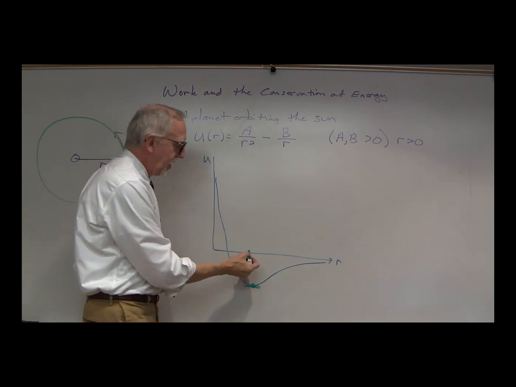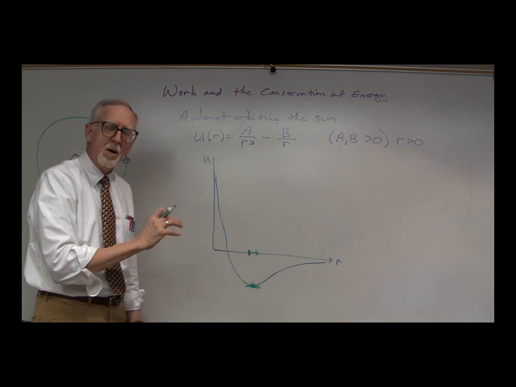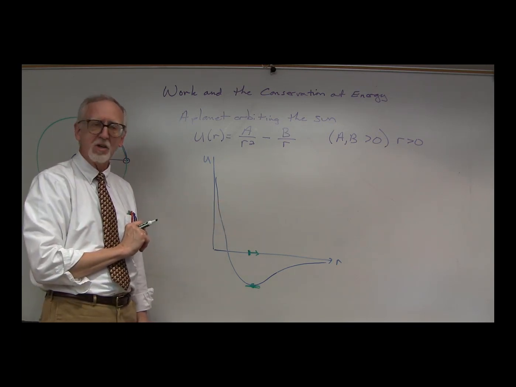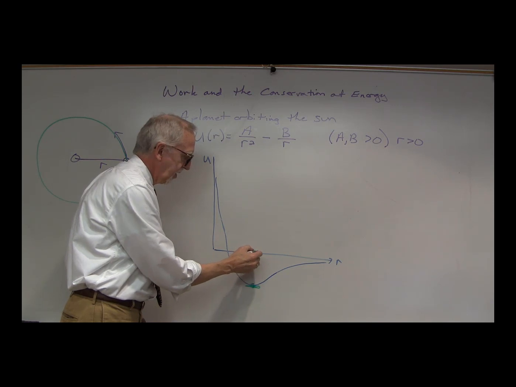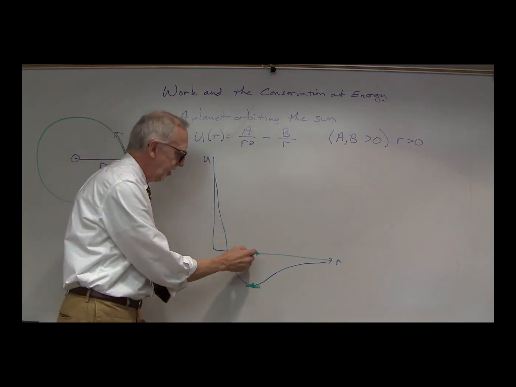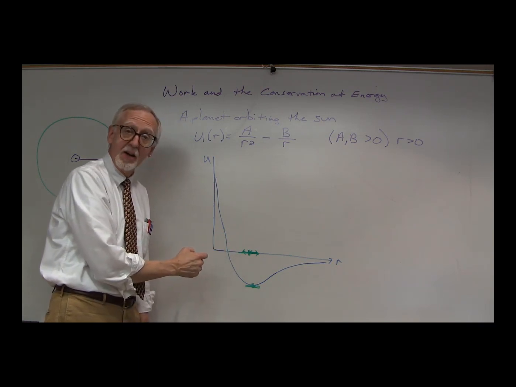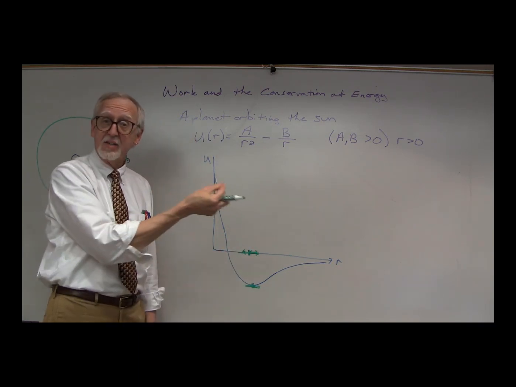Well, what happens if the planet is moved away from that equilibrium? What's going to happen? Well, it's going to move back and forth. It's going to start to move back to equilibrium, but it'll have some energy, and then it'll get to a smaller radius, and then it'll go back and forth, like the object oscillating on the spring.